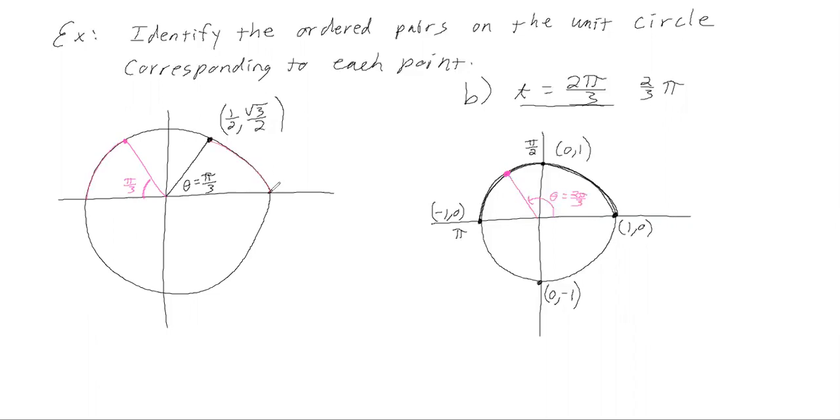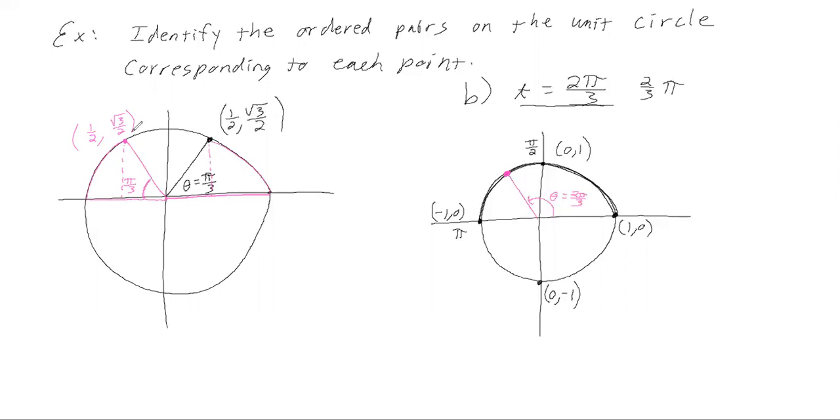So it's going to have the same absolute value as the x value here because it's the same units away x-wise. And it's going to be the same amount of units up as the other point, so square root of 3 over 2. Its y value is going to be the same, right?